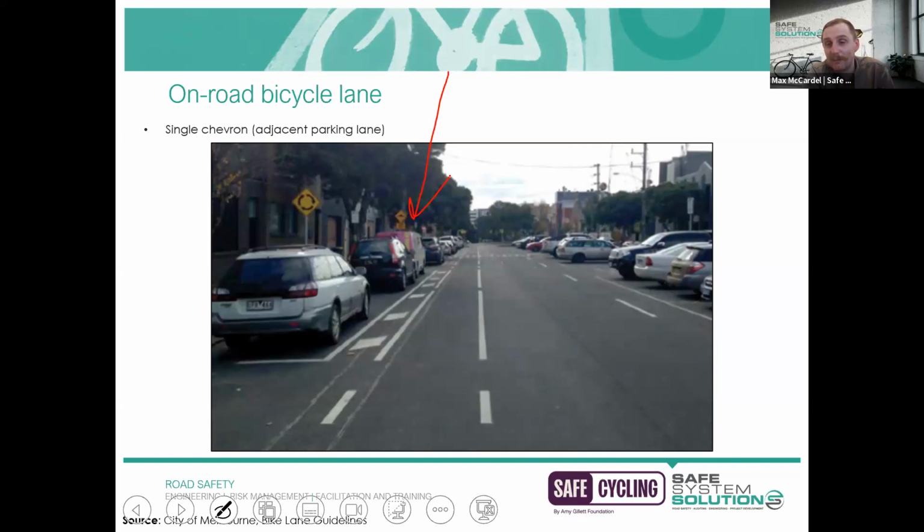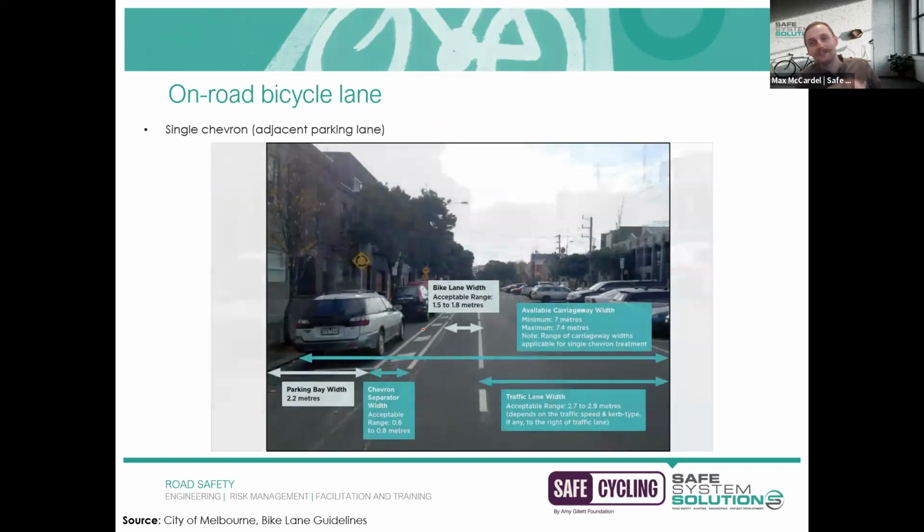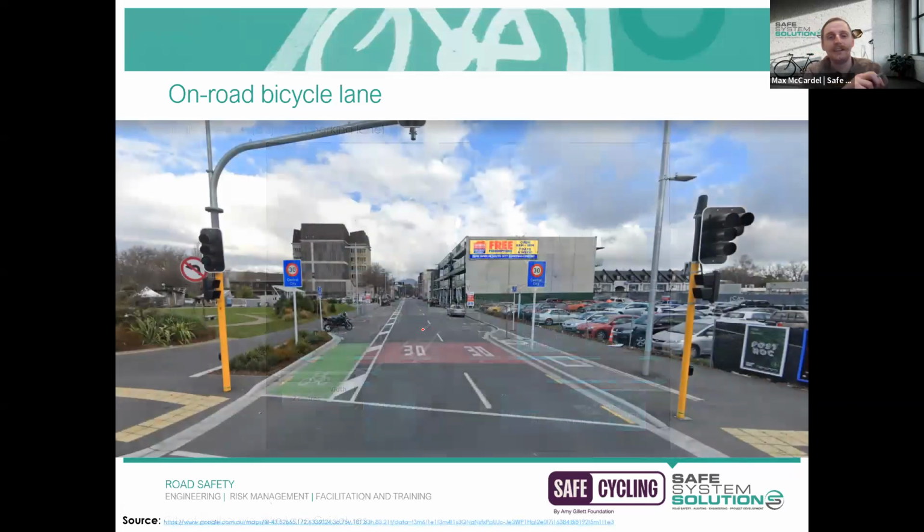So say there's 2 hour parking, you know that every 2 hours you're going to have a new vehicle and doors opening up. So in those instances, that's when you may prioritize having the buffer situated on the parking lane side to help reduce the risk of dooring. Once again, just some figures there of those widths.